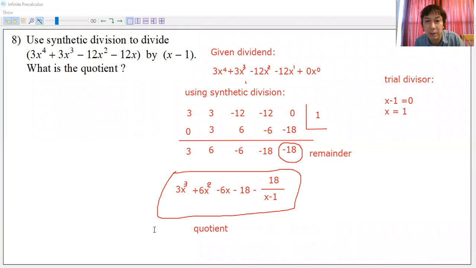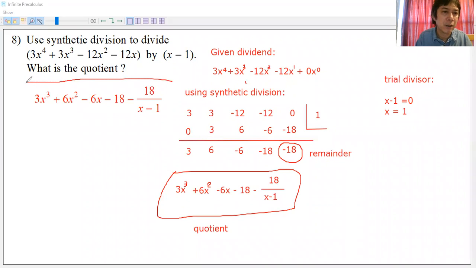This is our quotient. Let's verify our answer. We have 3x cubed plus 6x squared minus 6x minus 18 over x minus 1.